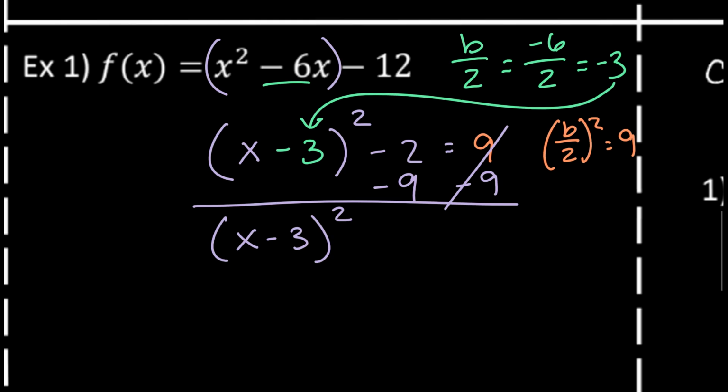What is -12 minus 9? What is negative 12 minus 9? Negative 21.